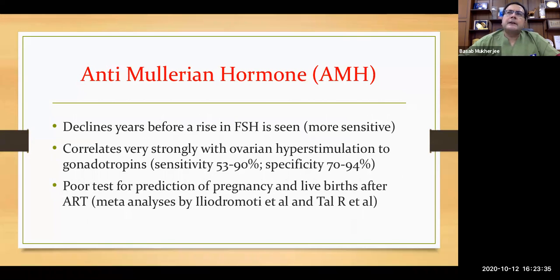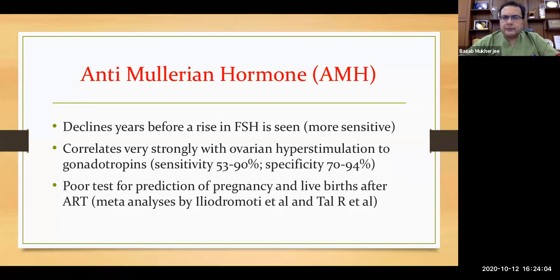So the other aspect of low ovarian reserve is rising FSH and decreasing AMH, but decreasing AMH takes place earlier. So you can see that some years before a rise in FSH occurs, and that is very characteristic and gives it more importance. It correlates very strongly with ovarian response to gonadotropins, so that is important, and it is a poor test for prediction of pregnancy and live births after ART.